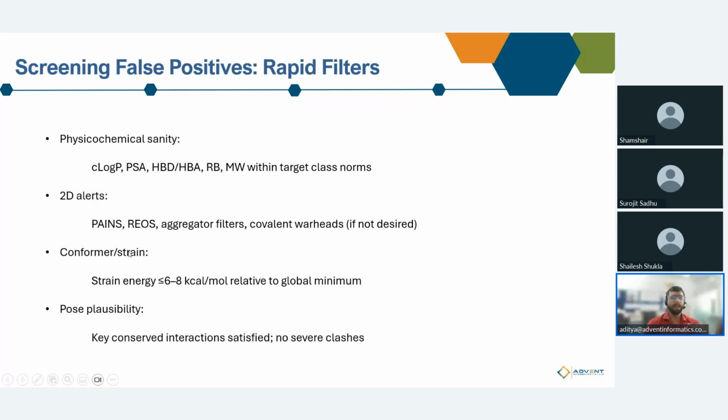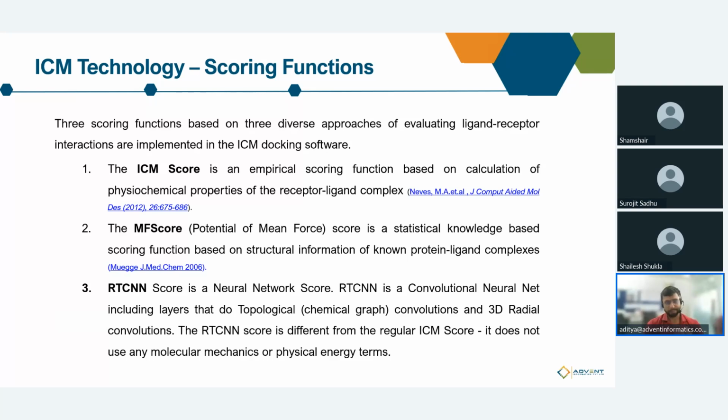Conformer or strain: the strain in your molecule depends upon how it is present in 3D space, right? So energy strain less than 6 to 8 kilocalories per mole is relatively a global minimum state. So pose plausibility, like I said: poses which are possible, not showing any severe clashes, and are realistic, we should consider those poses.